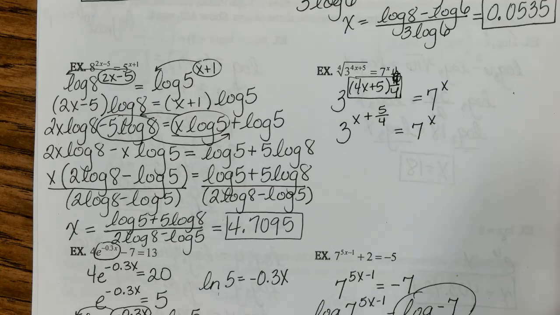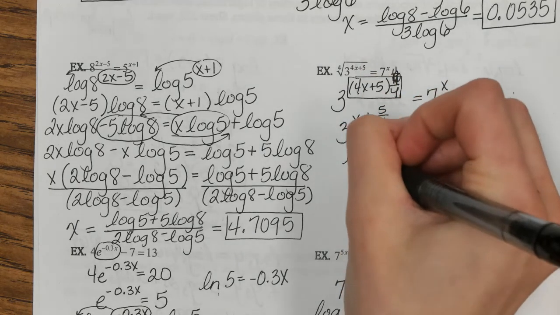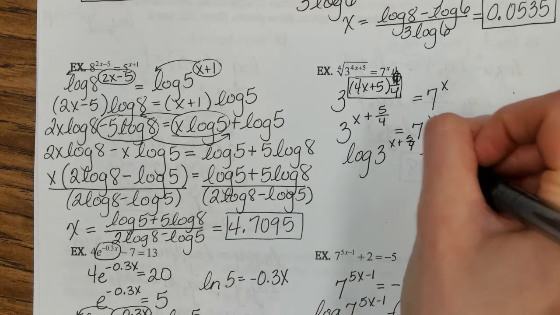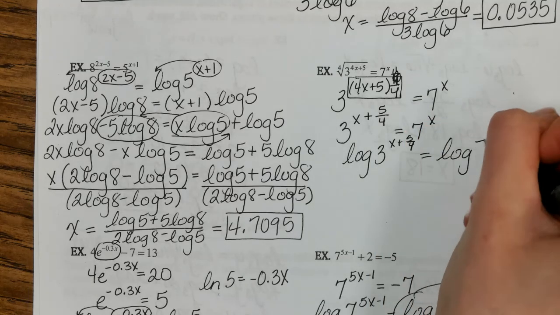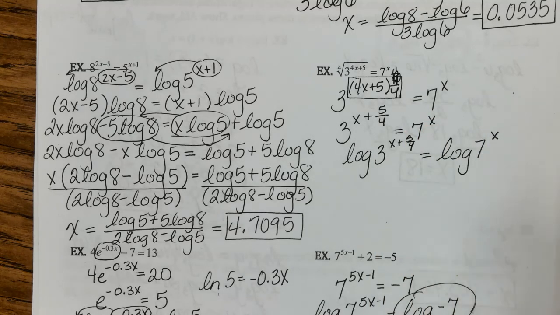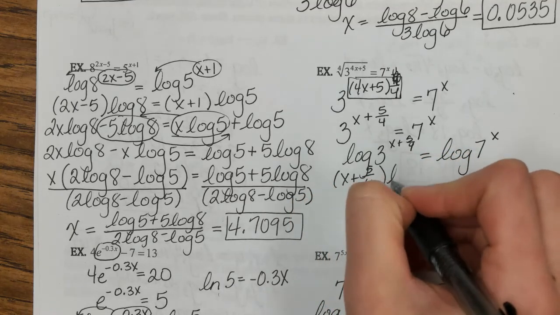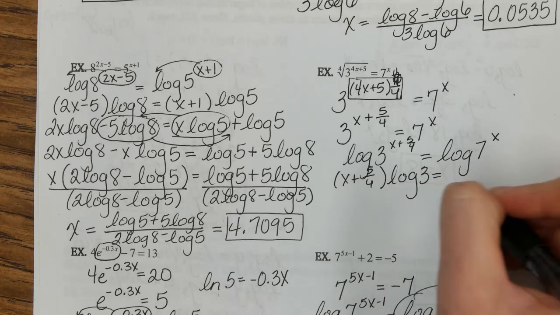Take log of both sides. So you're going to treat this one very similar to this one because you have two x's. Okay? So you're going to have log of 3 raised to the x plus 5/4 equals log of 7 raised to the x. X plus 5/4 comes out equal to x log 7.